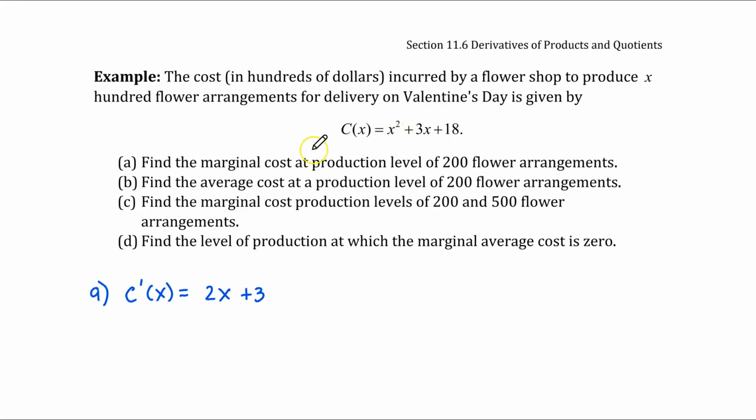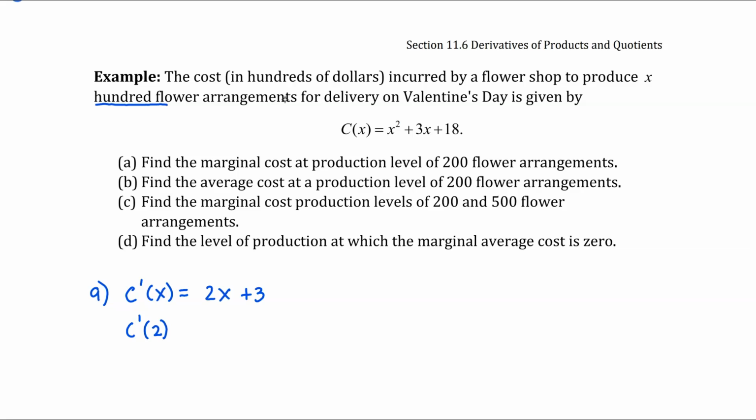And then to find the marginal cost at production level of 200 flower arrangements, you just have to evaluate the derivative of C at x equals 2, because it is mentioned here that x is in hundreds of flower arrangements.